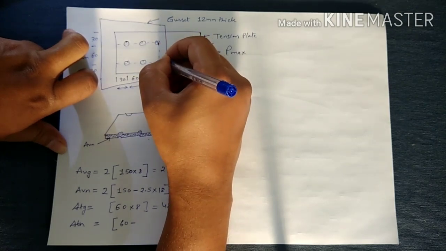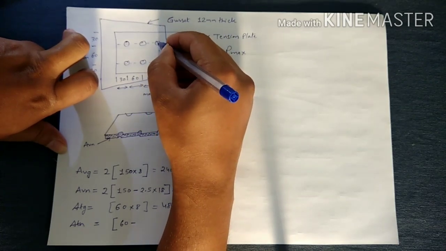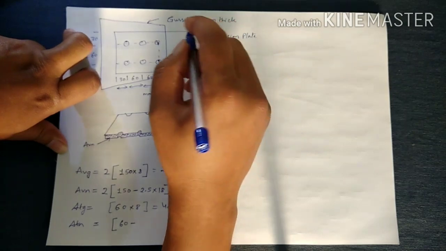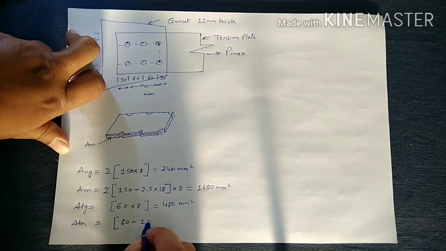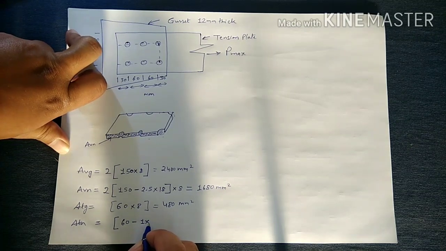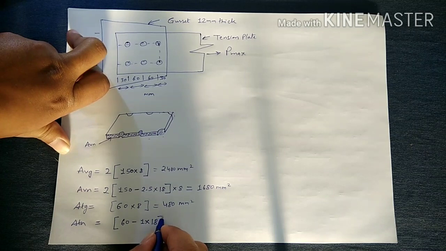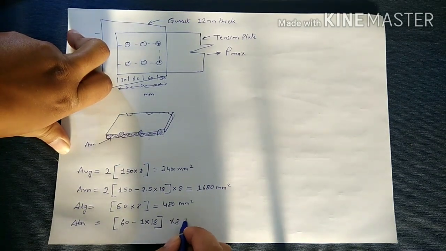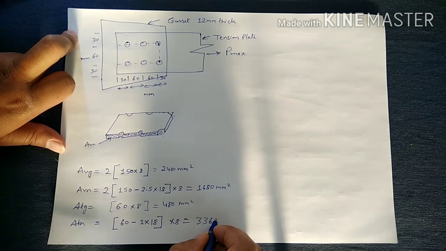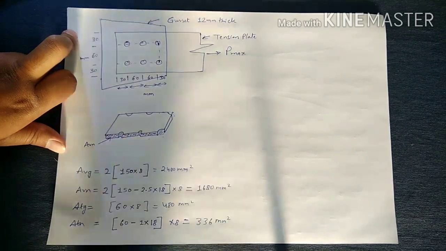So half dia this side, half dia this side. So half of dia gives one bolt. Therefore 1 into dia of hole, which is 18, into thickness of plate, which will give 336 mm square.